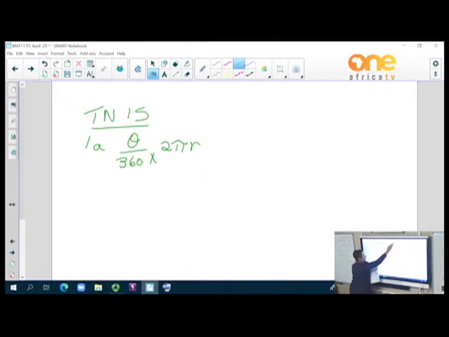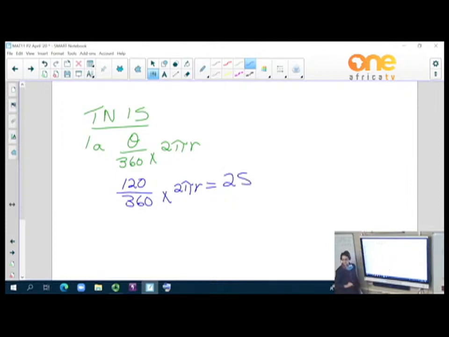So if I substitute now here, the angle is 120 degrees over 360 of 2 pi r. R is what I need to find, and what I have is the answer. I have the arc length, and the arc length is 25. Can you see? The arc length is 25. So it's now just a little calculation there to find it, and it's all about opposite operations here.